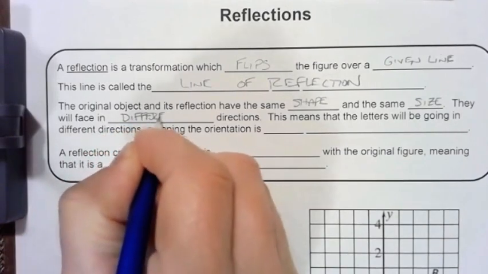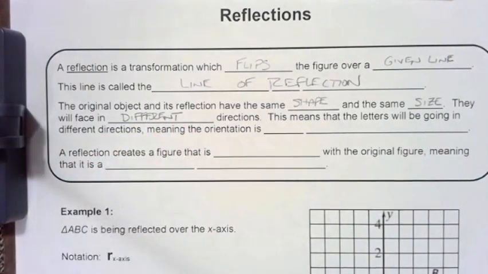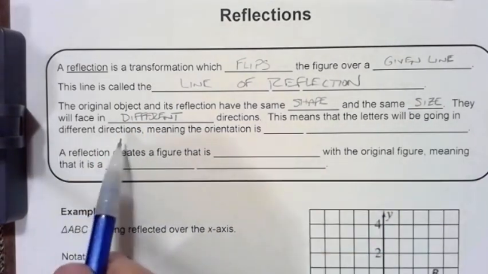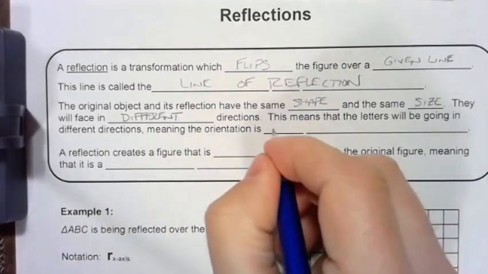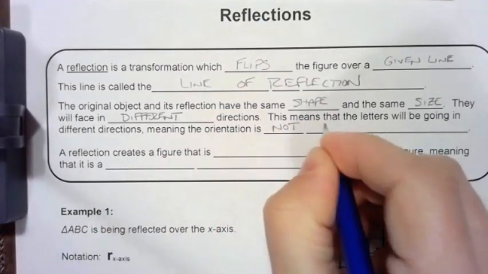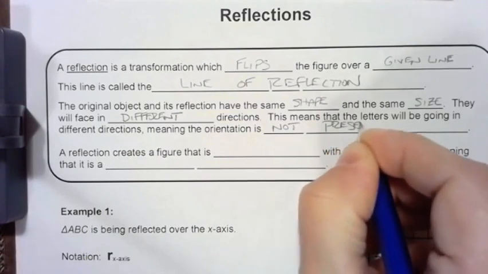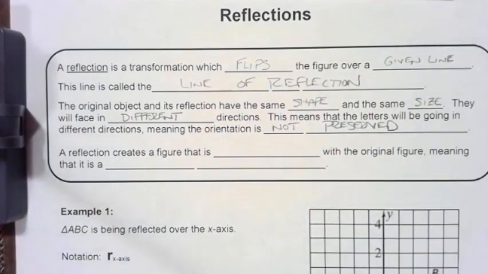When you reflect something, the image faces a different direction, so the letters will be going in different directions, meaning that the orientation of the shape is not preserved. We saw earlier with translations that the order of the letters stays the same, so the orientation was preserved, but that's not the case when we do reflections.